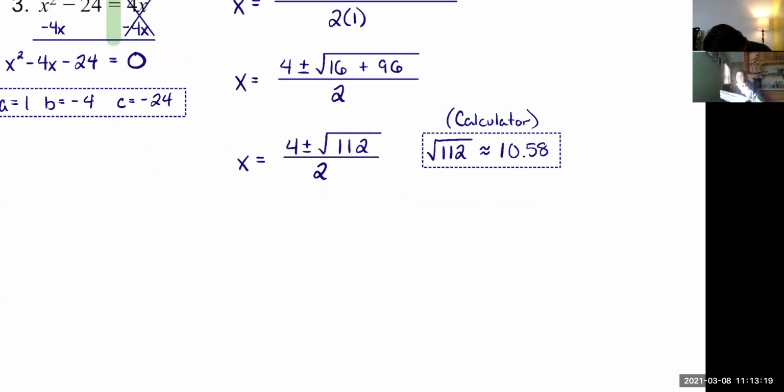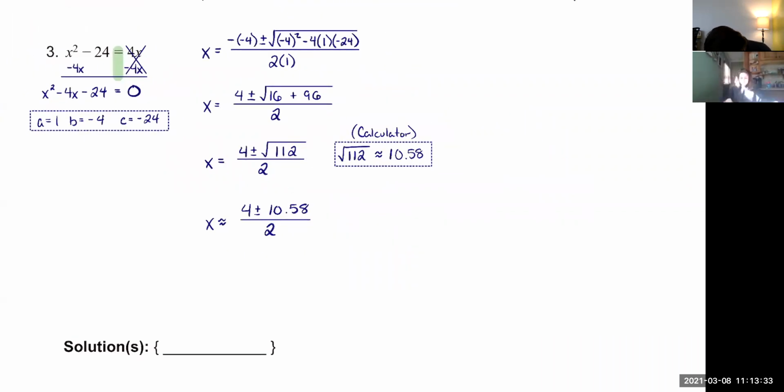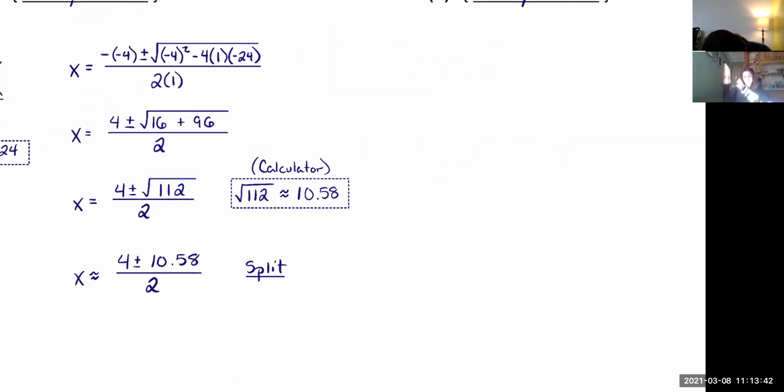Okay. So that means then that x is approximately 4 plus or minus 10.58 all over 2. And let me see how much space I have here. Not as much as I'd like. So I'm going to say we're going to split, but I'm going to take my split and bring it over here.